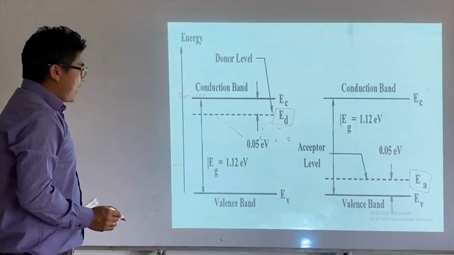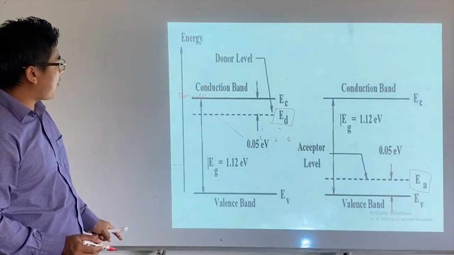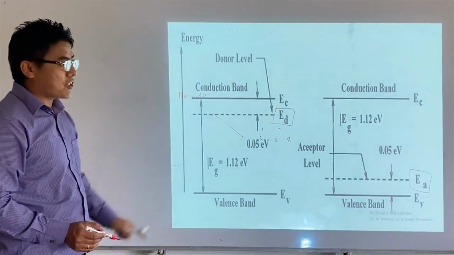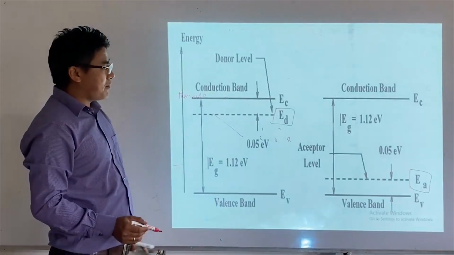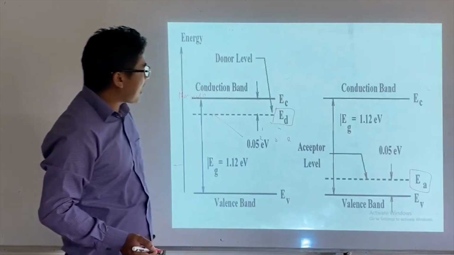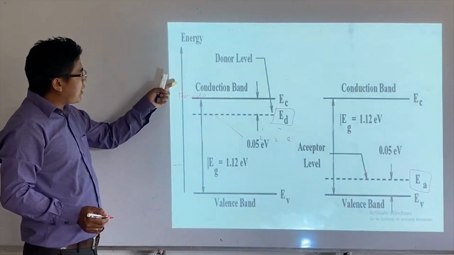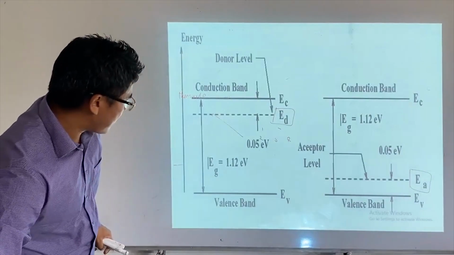In n-type semiconductors, because of the donor energy level, electron available is more. In p-type semiconductor, hole available is more. So therefore, hole is the majority charge carrier in a p-type semiconductor, and electron is the majority charge carrier in an n-type semiconductor. So this is what we have.